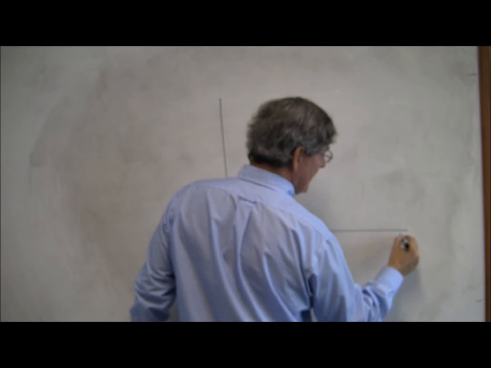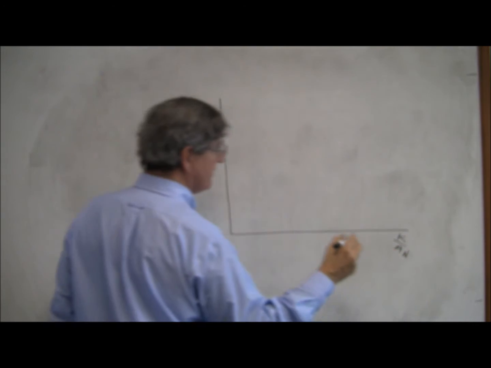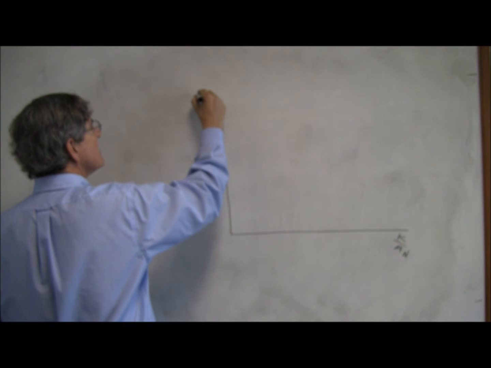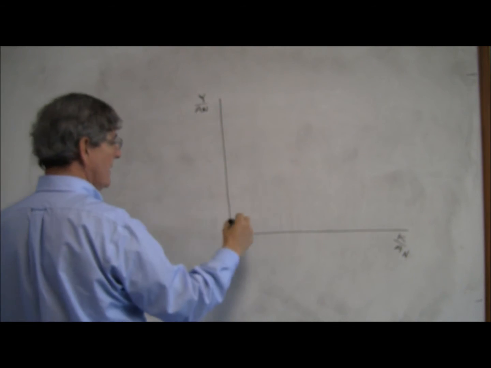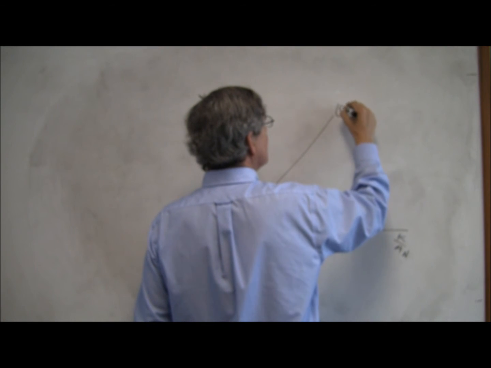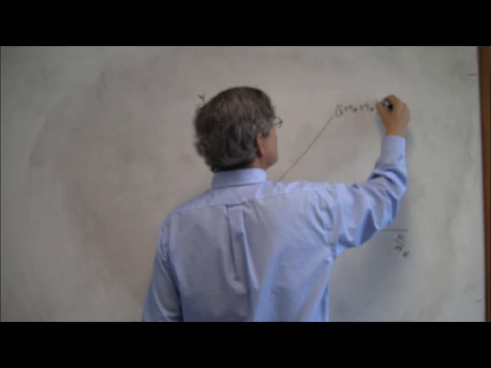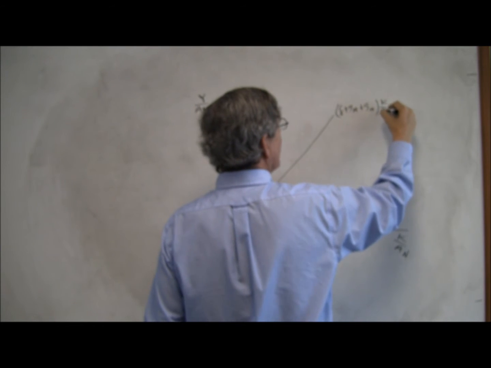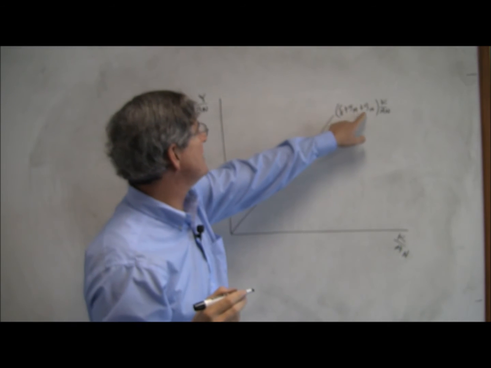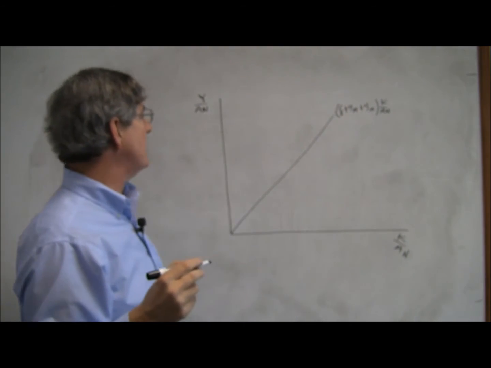So now this will be K over AN instead of just K over N, and this will be Y over AN instead of just Y. And we'll have one line on here that's delta plus GA plus GN times K over AN. That's just like last chapter, except for the GA, GN, and the A. It was just delta K over N in the last chapter.